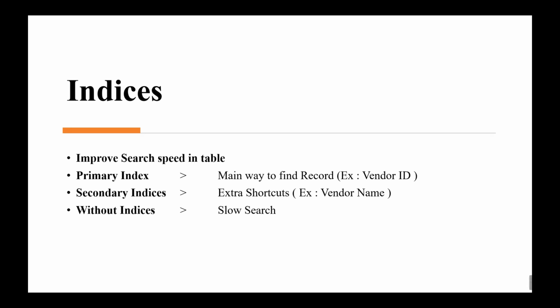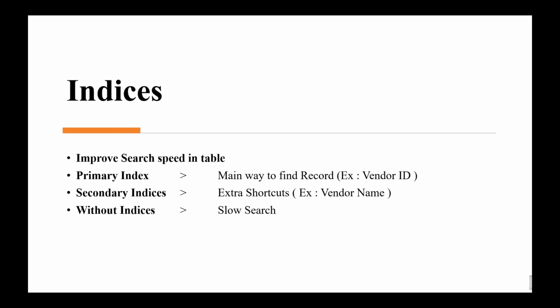Without these indices, LN would have to search through each row. So in another way we can say that indices make the system fast and efficient. We can say this in a simple way. Okay, I hope this concept of indices is clear.